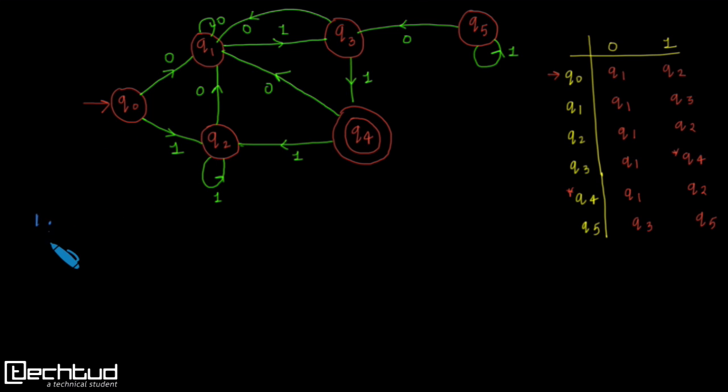The first step is to check for unreachable state or states. An unreachable state is a state that cannot be reached from the start state.